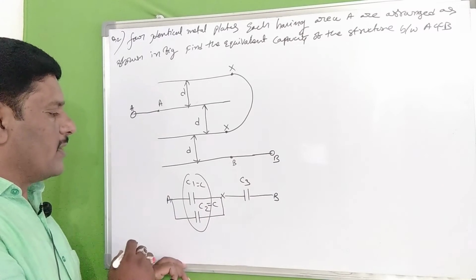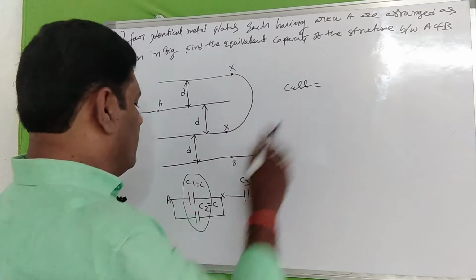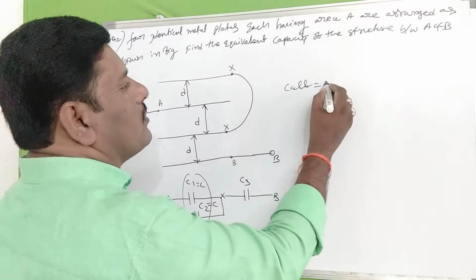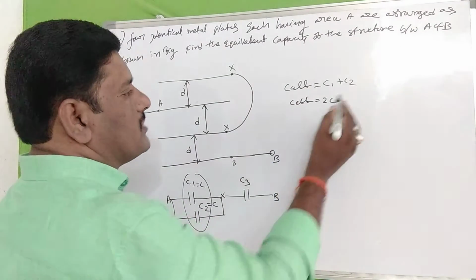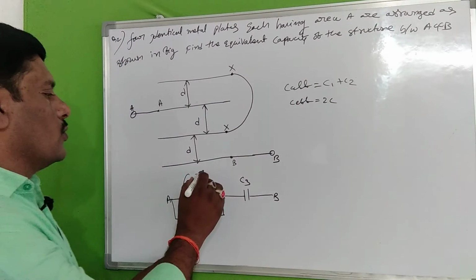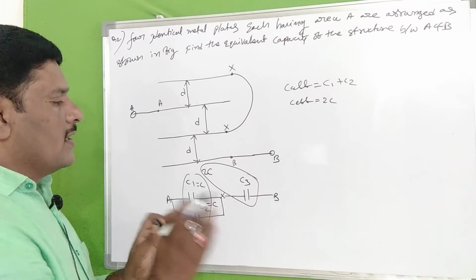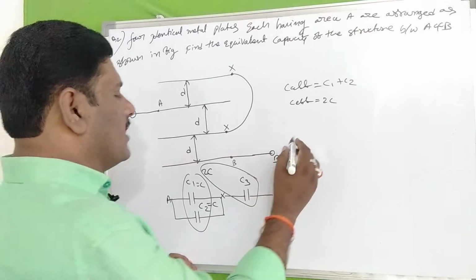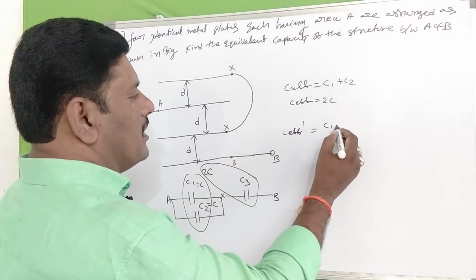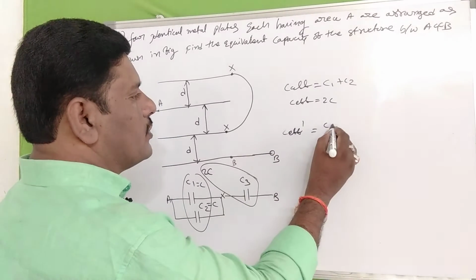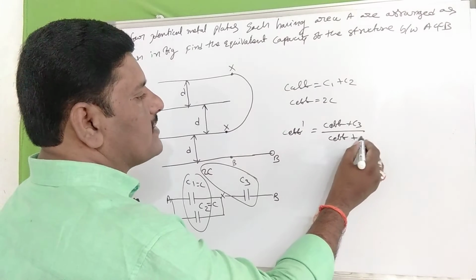Now for the parallel combination, we add them. The effective capacitance for C1 and C2 equals C1 plus C2, so that C effective equals 2C. So the resultant 2C is in series combination with C3. So we get C effective dash equal to C effective into C3 by C effective plus C3.